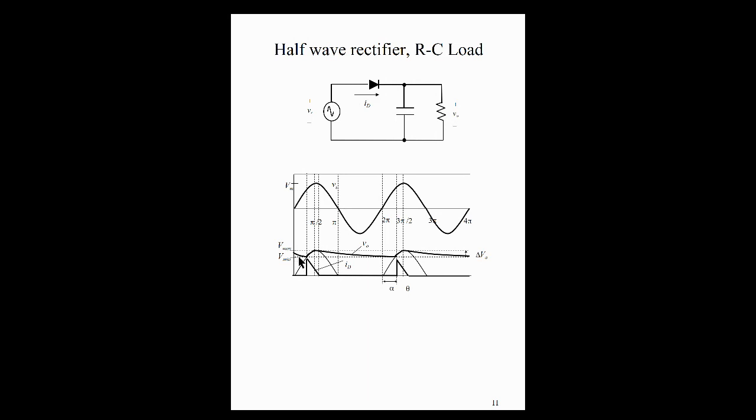Let's say we have the voltage at the maximum initially. Then as the voltage decreases, here it charges up in this region, and then as the voltage starts to decrease, the capacitor will discharge. That is what you observe in this region.